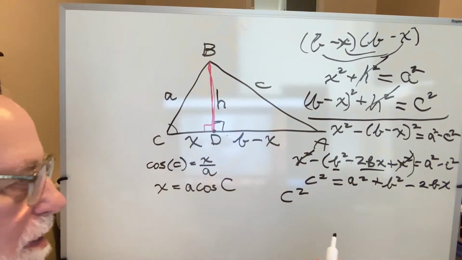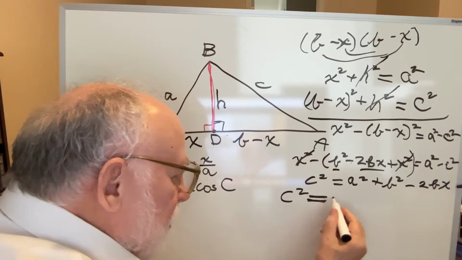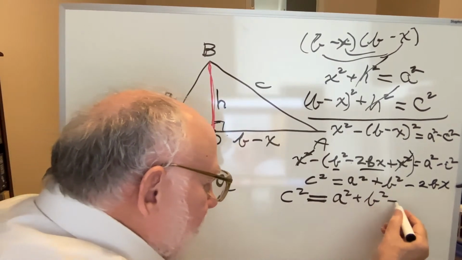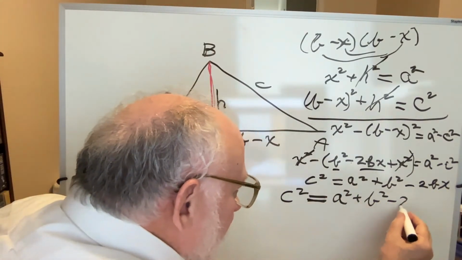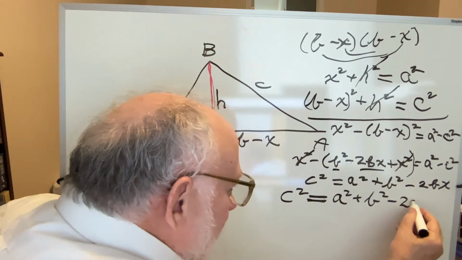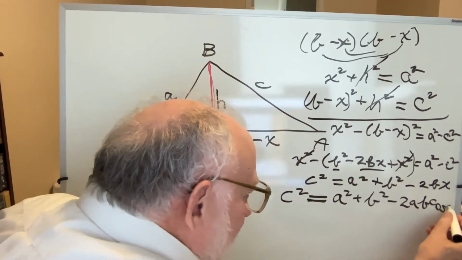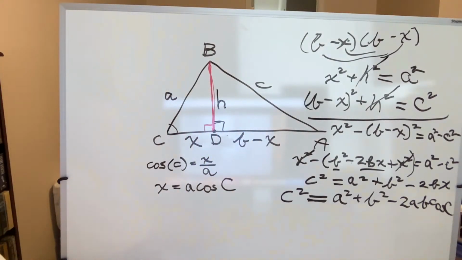We had to get rid of x because x wasn't a side of the triangle. Put the x in, you get a cosine C, so you have 2ab cosine C, which is your law of cosines. That's your law of cosines.